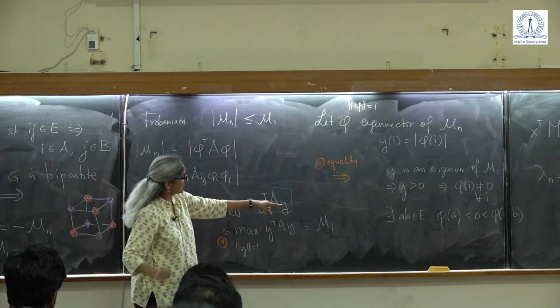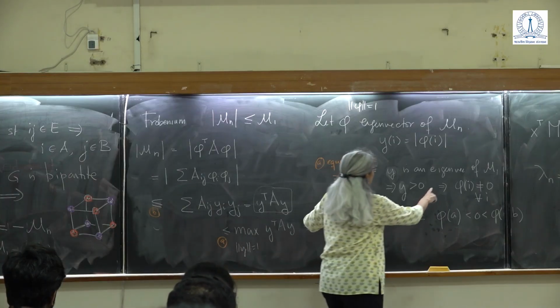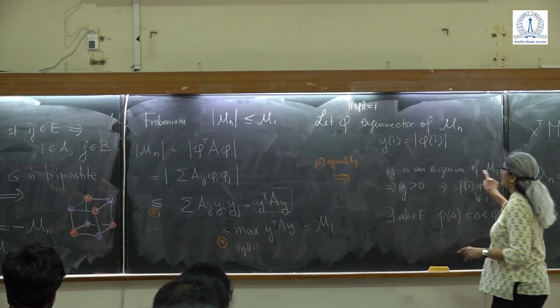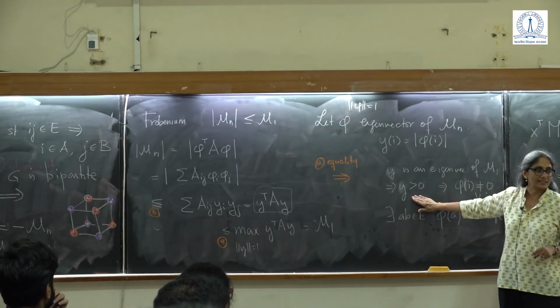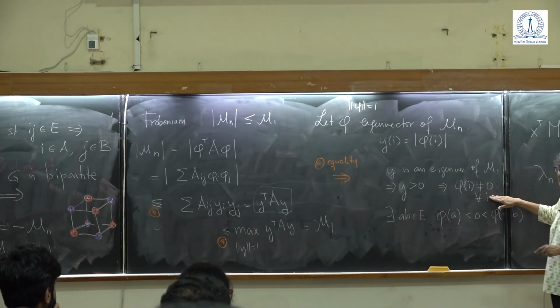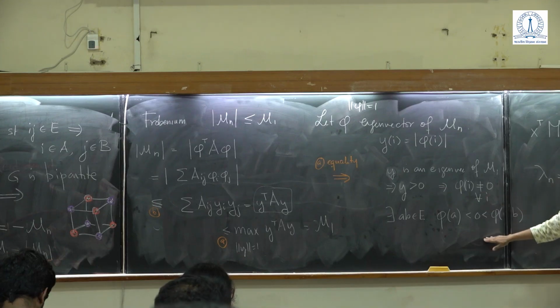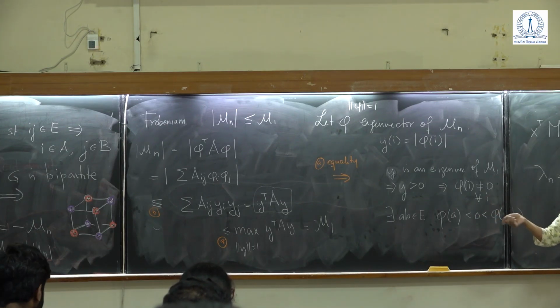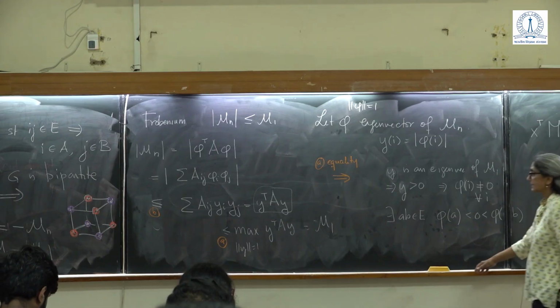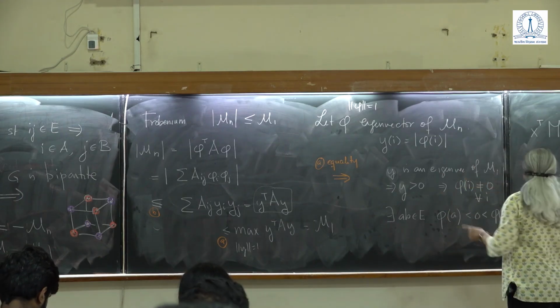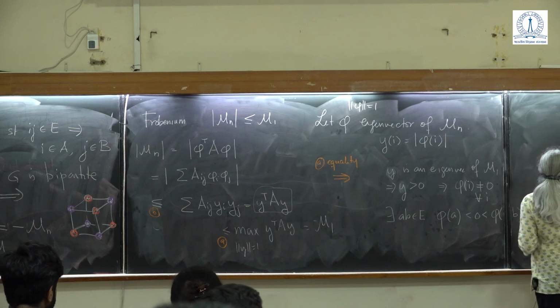So A is an equality, thanks Arvind. So y is an eigenvector of mu1, which means from the morning that y is positive, which means phi doesn't have any zeros in it, which means phi must jump from positive to negative over some edge, okay? There's some edge where it jumps from 0 to positive. Okay, so this is the first piece. And now let's look at B. We're almost there.